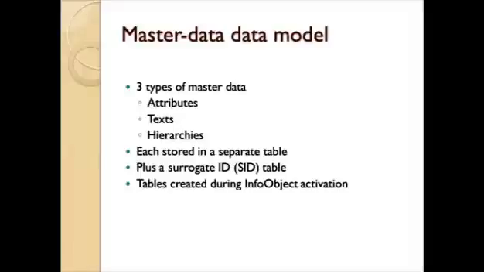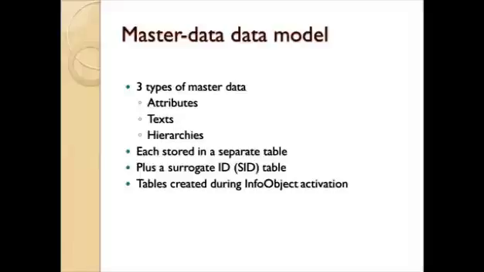The surrogate ID is the key for the records, which we'll talk more about later on. So the basic idea is that we're going to have a bunch of tables for our master data: for your attributes, your texts, your hierarchies, plus a key table known as a SID table.